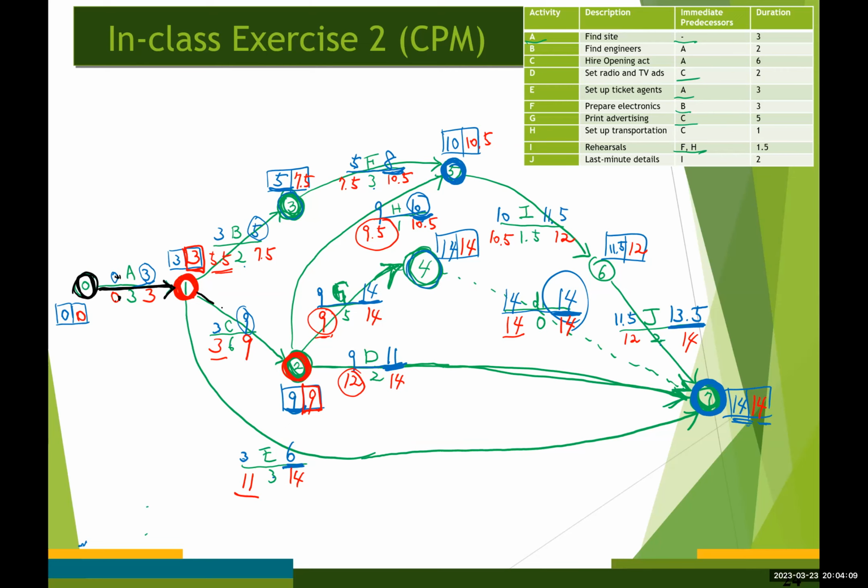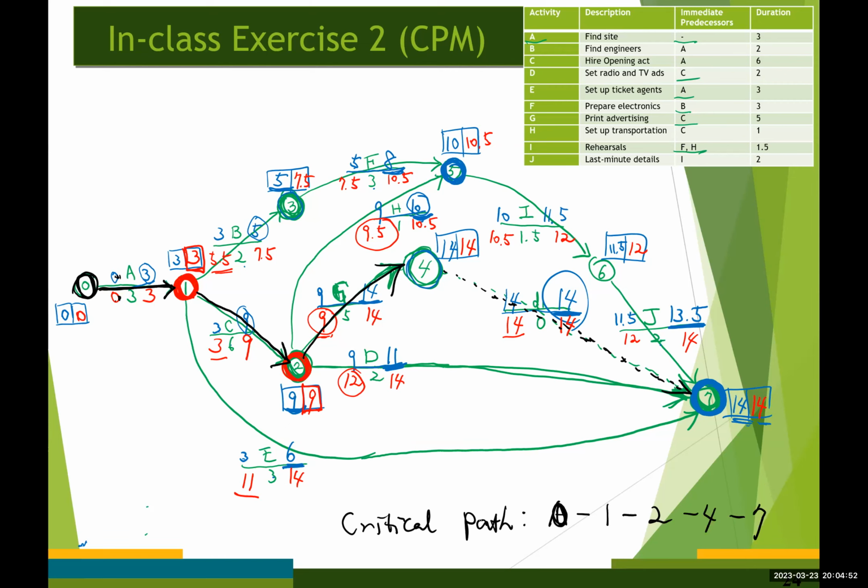And then this is going to be the critical path, and this one, and this one. So the critical path would be, sorry, it's going to be 0, 1, 2, 4, 7.